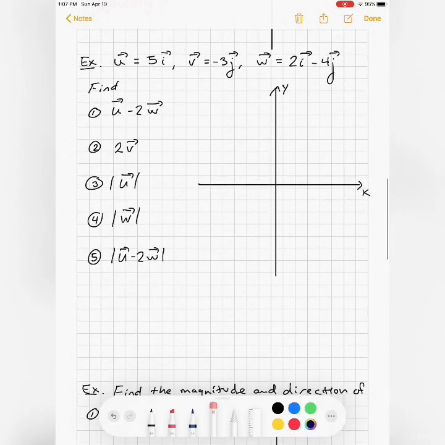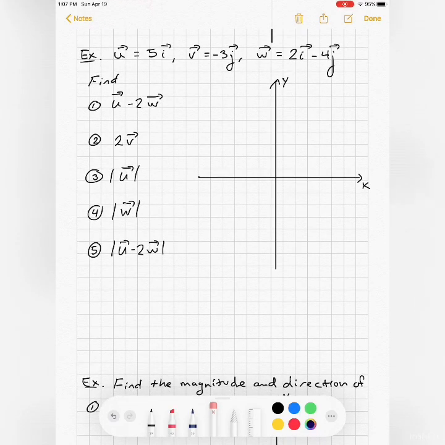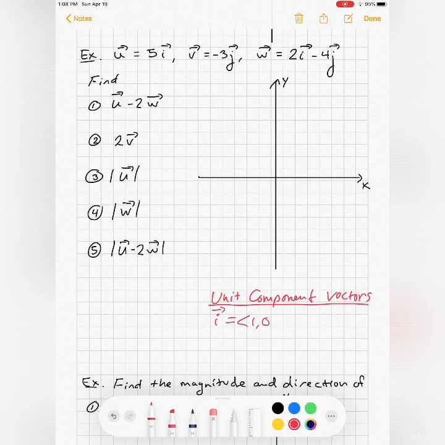Okay, here's the other notation. So we've been looking at component form. There's another notation we use, which is writing vectors in terms of what we call the unit component vectors. It's just another notation. It's exactly the same thing. Okay, so the unit vector i is 1, 0.